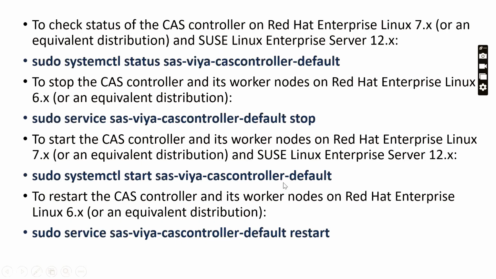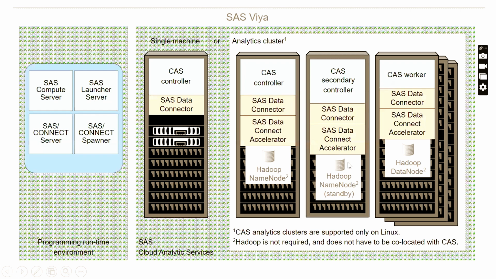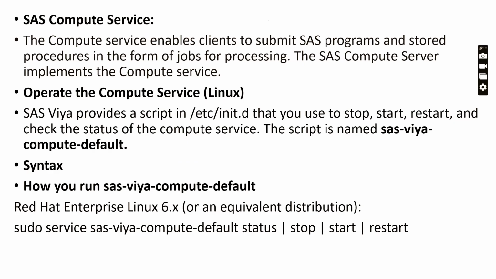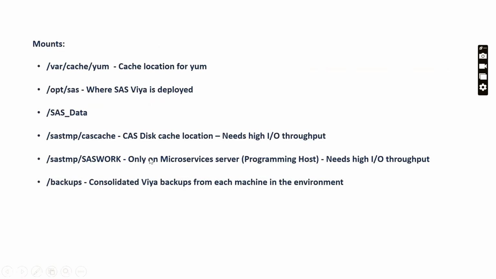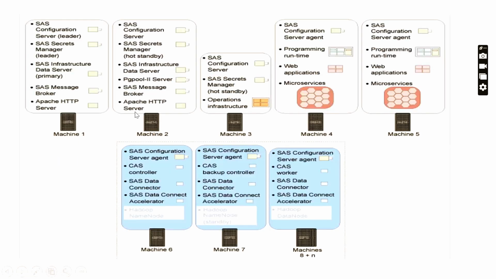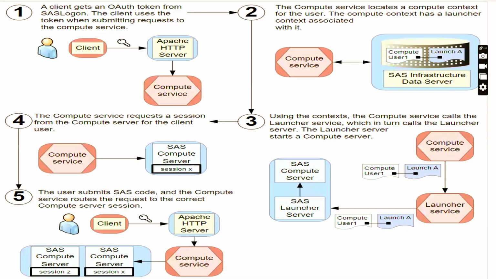Today we are also discussing how we are going to stop and start, and in which order. These are the major mount points available in Viya. We already covered this in the previous session, and this is the architecture, how the machines are laid out and what services are available in each server.